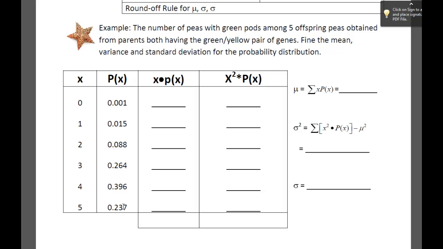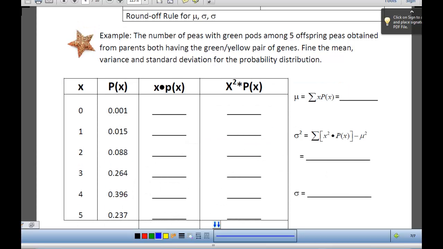So if we were to do this by hand, remember that the formula for the mean is the summation of x times p of x. That means I'm going to take each x value and multiply it by its p of x value. And then the summation says do what? Add all those up. So if we're doing it by hand, we would get 0, because 0 times 0.001 is 0.